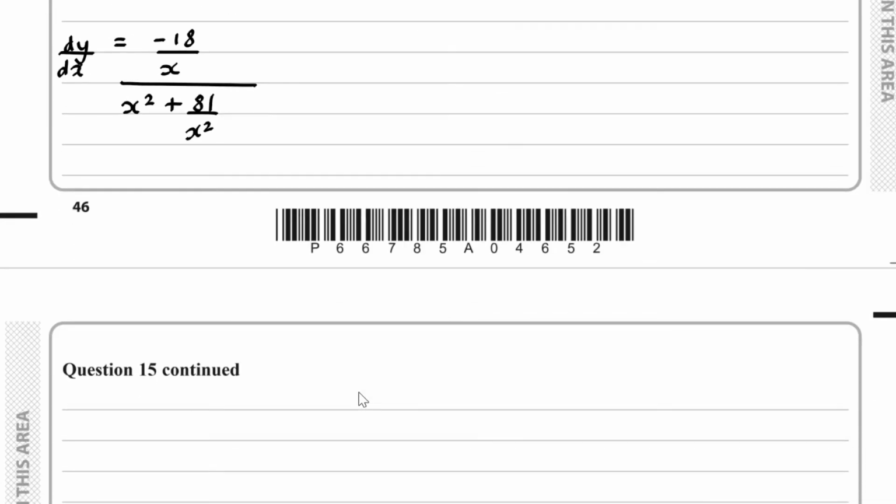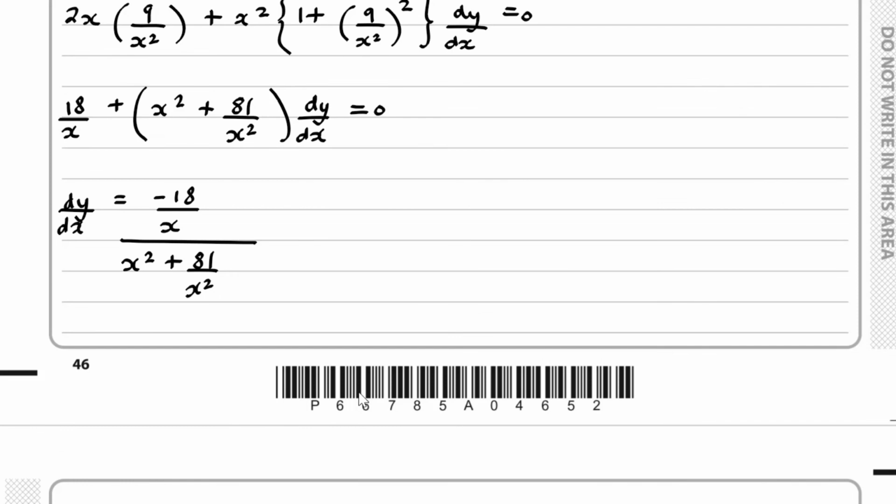And now we just need to simplify all this, and the way we can do that is multiplying each term through by x squared. So minus 18 over x times by x squared, that would be minus 18x. And on the bottom, x squared times by x squared, that's x to the 4.